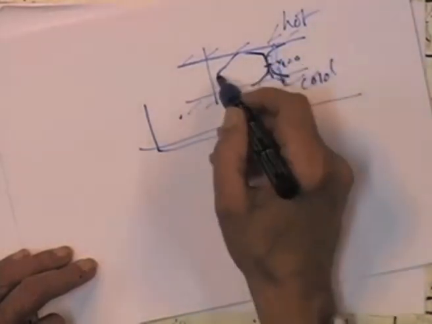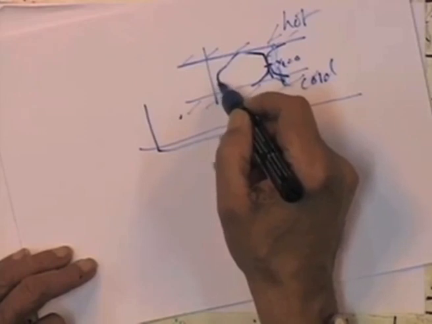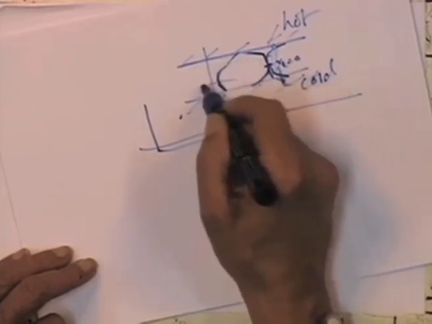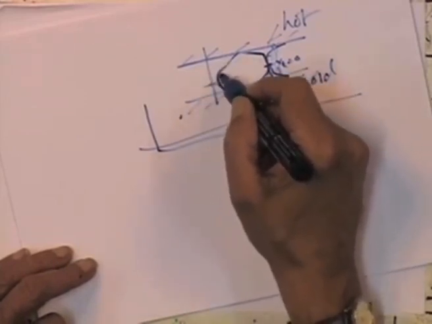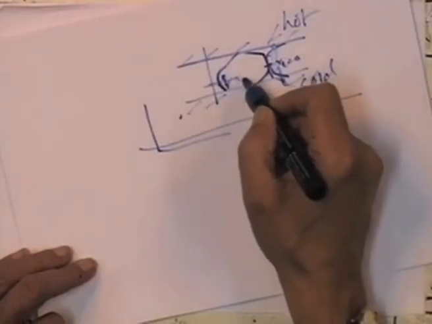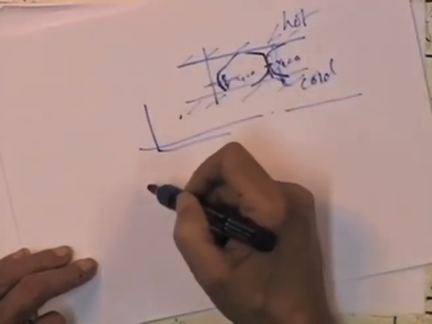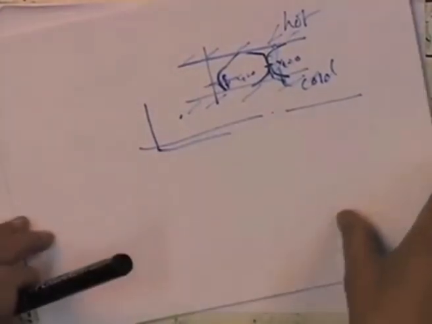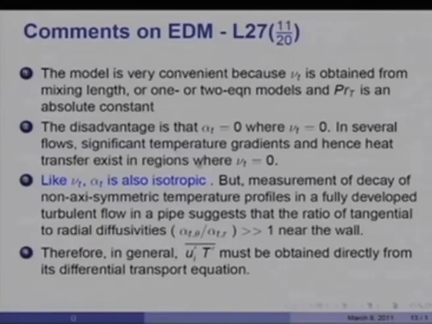And clearly, there would be a temperature gradient here, which would cause heat transfer in that direction, whereas alpha_t would be predicted 0 here, and that is not acceptable to get practically correct predictions. So, in such situations the model really fails.